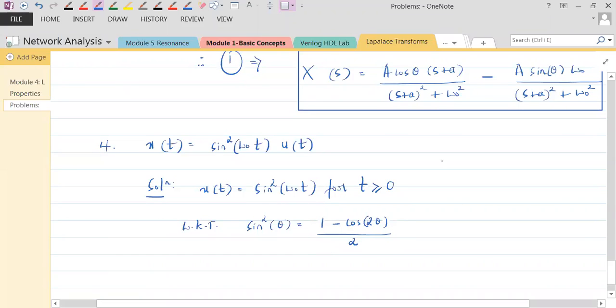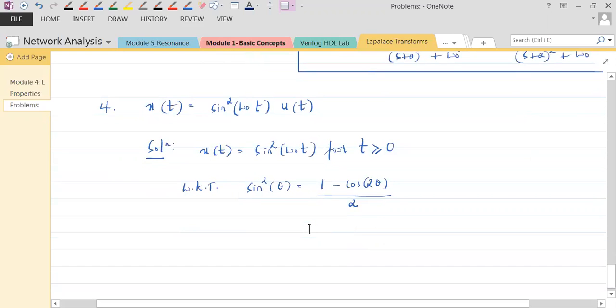Since sine square theta will not help us, try to express it in this form. If 2 is there, it is time scaling, and I know what to do with time scaling using the time scaling property. But I don't want to deal with the square term because I don't know what to do with it. So to eliminate the square term, we have used this form.